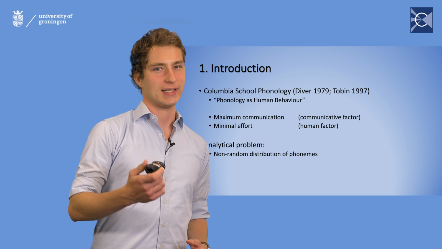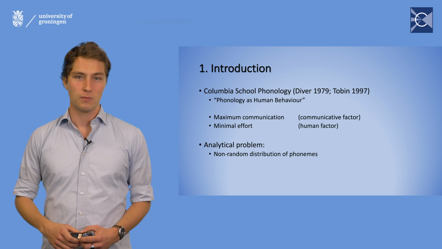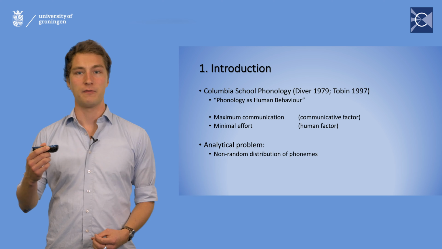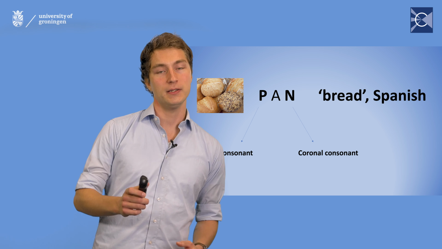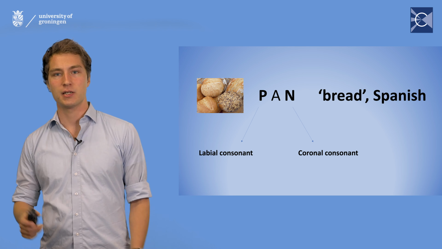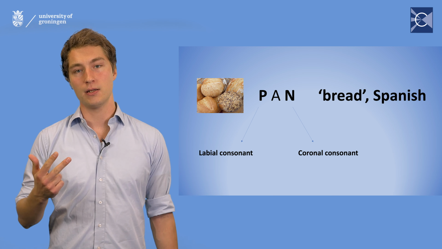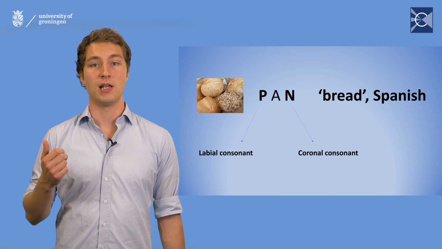But what exactly does the Columbia School Phonologist do? Well, we try to find an explanation for the non-random distribution of phonemes. To give you an example from Spanish, in the word pan, which means bread in Spanish, we have three phonemes, p, a, n, of which the first consonant is a labial consonant.